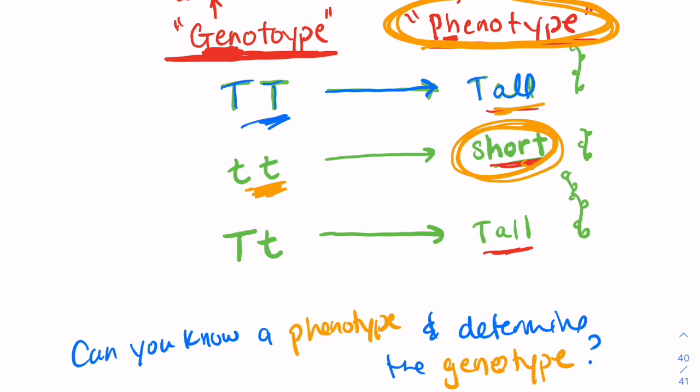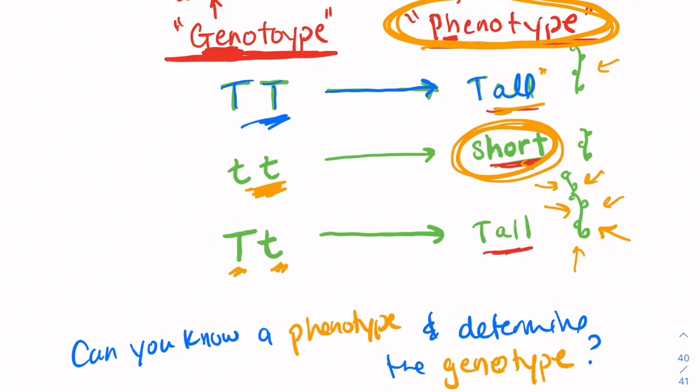But can you look at a tall plant and know for sure what its genotype is? In this scenario, no, you can't look at this tall plant, or this tall plant, and say for sure that it's got 1 dominant allele and 1 recessive allele.